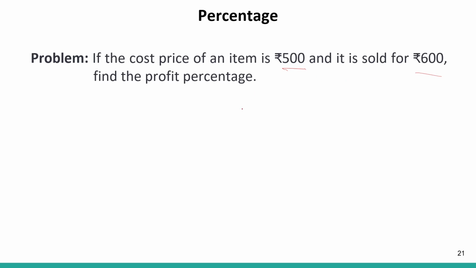So profit percentage is equal to the change in value, that is 100, by the original price, that is 500, into 100. So 1 by 5, 20, which is equal to 20% increase.